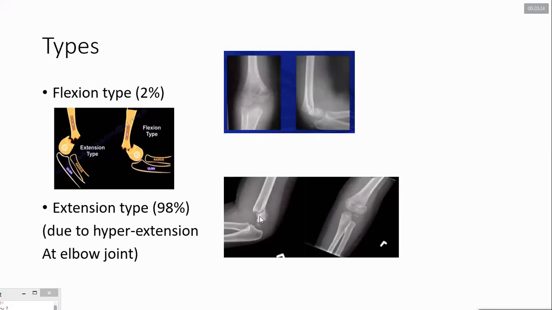So this is known as an extension type of supracondylar fracture. Less commonly, only about 2%, when the child has a fall on a flexed elbow, that tends to give this pattern of supracondylar fracture. Although this is also a supracondylar fracture, the fragment, as compared to here, has gone anteriorly in the flexion type and posteriorly in the extension type. So this is the most common kind of fracture.